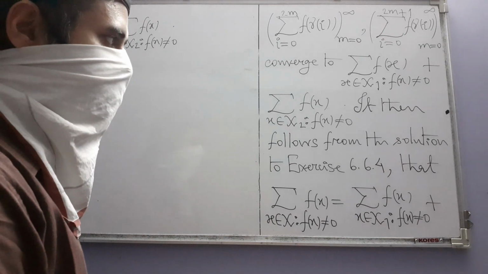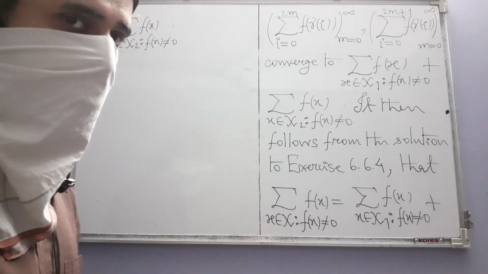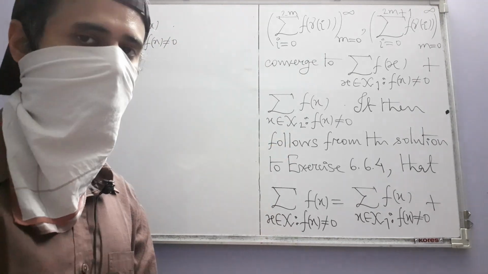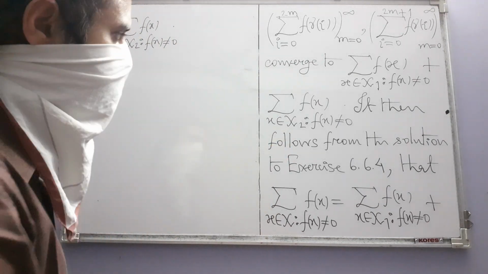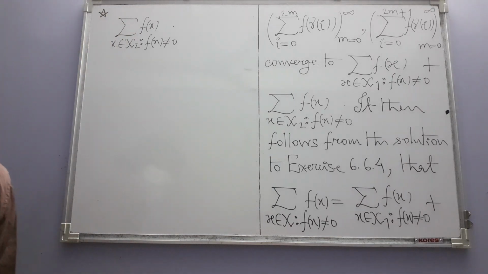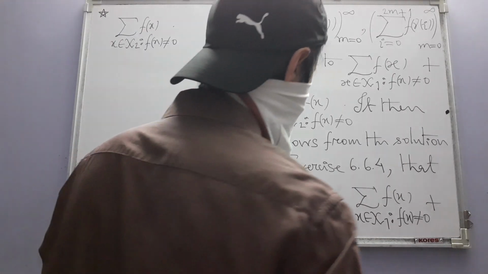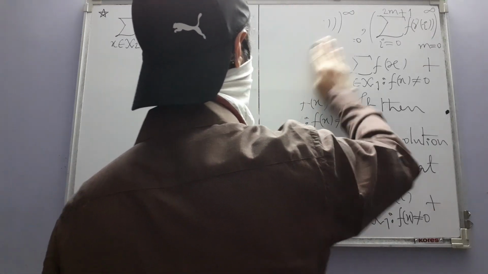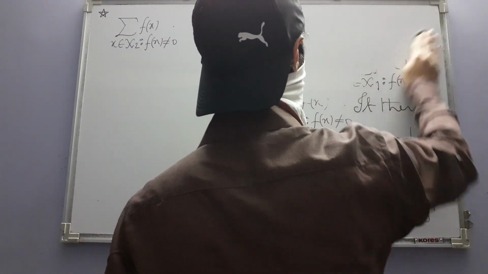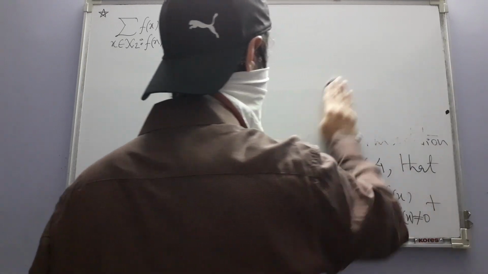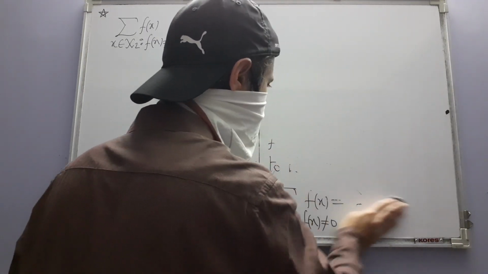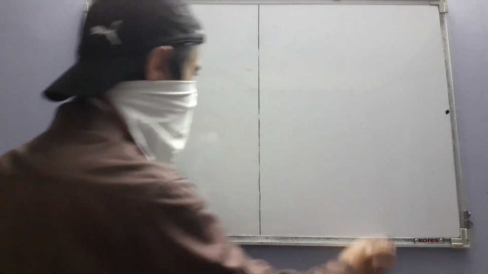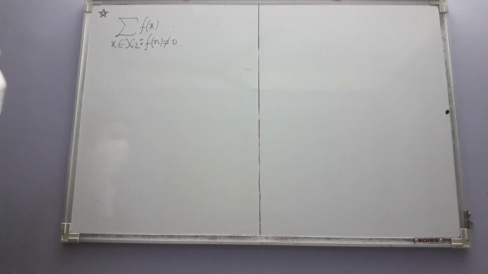But we are not done yet. Keep in mind, we have only proved a part of subdivision C. There is another part, and let's now recall that part. That part is this.